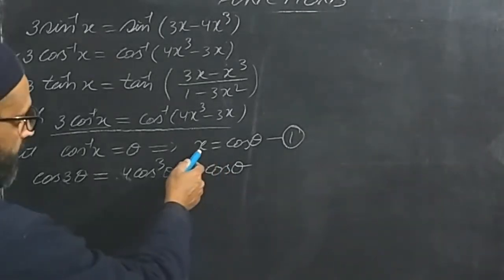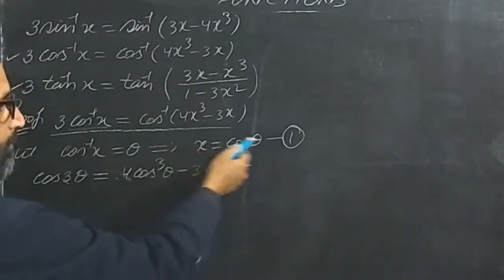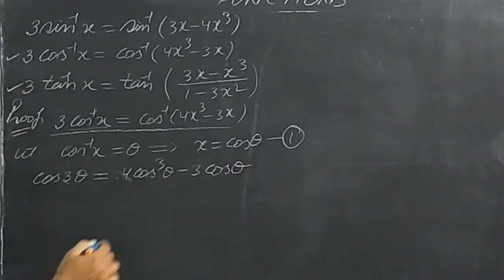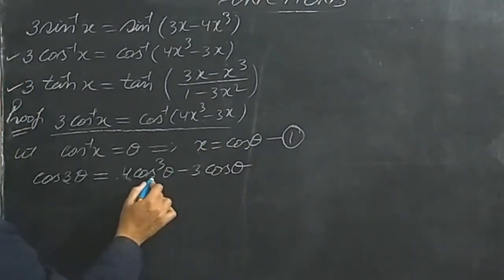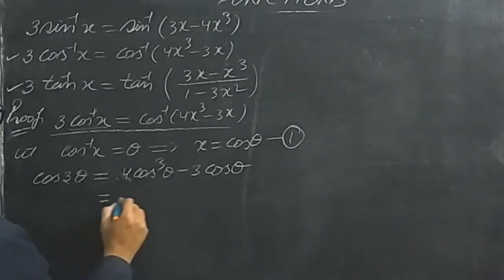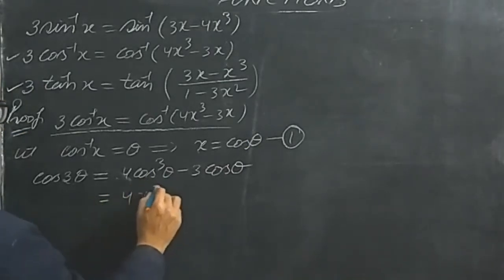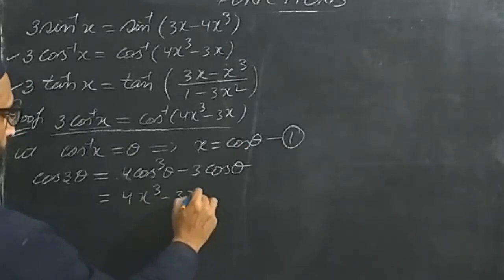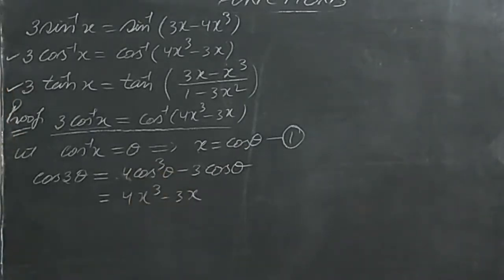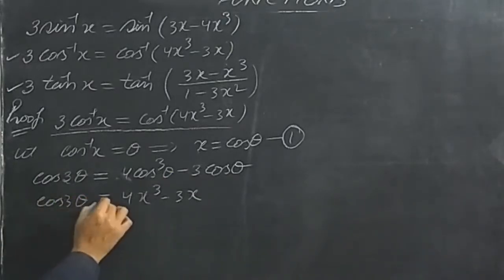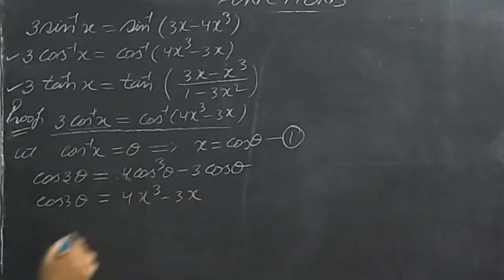And as we see clearly, cos theta is equal to x by equation number 1. So we may replace cos theta by x in this expression. So we get 4x cube minus 3x. Now we get cos 3 theta is equal to 4x cube minus 3x.